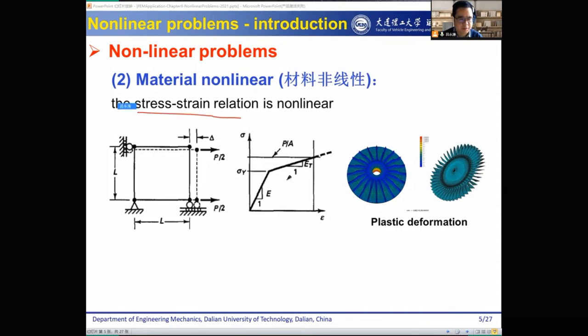For example, if we go to the plastic stage, it may be nonlinear, and the behavior of plastic deformation is a nonlinear problem. Or for the hyperelastic material we have mentioned, the stress-strain curve is a nonlinear curve, so hyperelastic problems are also nonlinear problems.